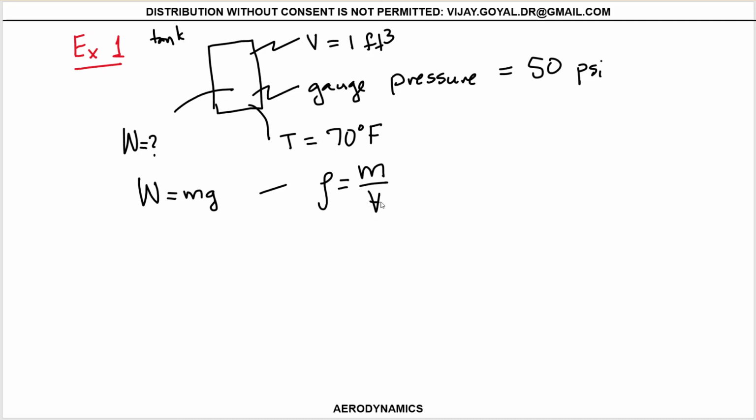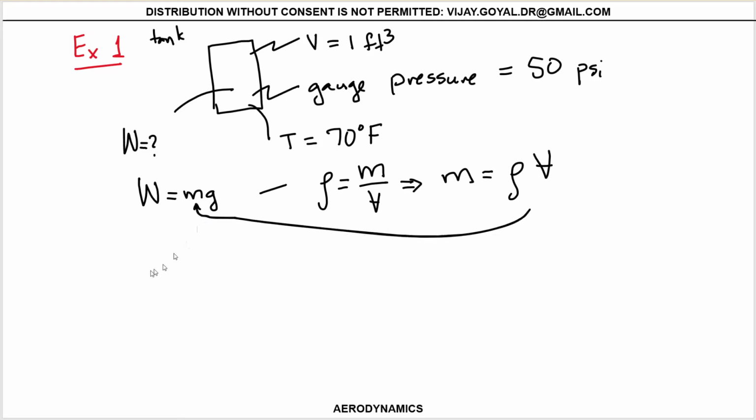This V is referred to as volume. And then from here, I can solve for mass. Mass is equal to rho times volume. So if I plug this in here, I get W is equal to rho times volume times G.